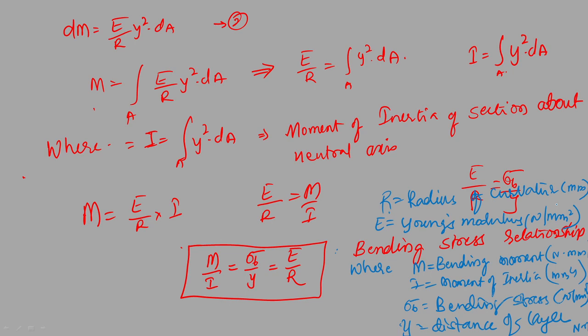Now this equation holds good when the beam is bent in the form of sagging. If you look at the calculation of bending stress, we'll go for the bending stress relations here: sigma b by y equal to E by R. Now E and R are constant here.